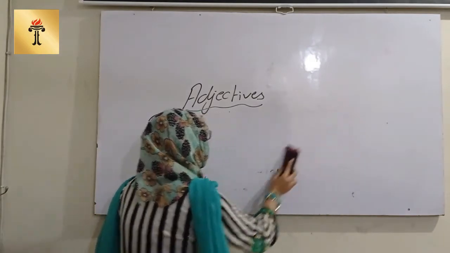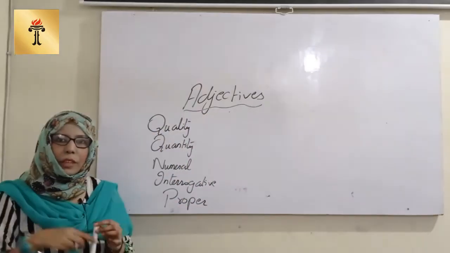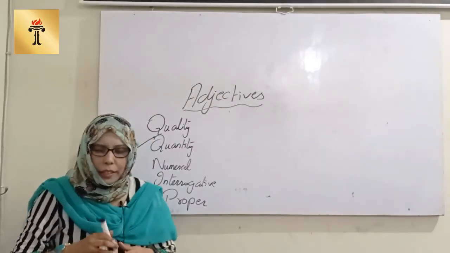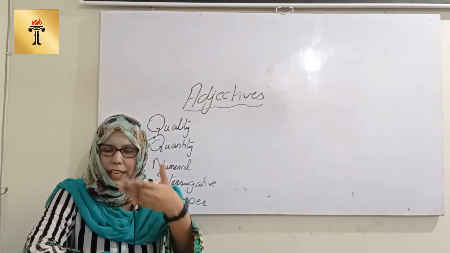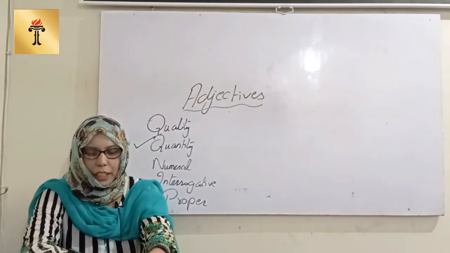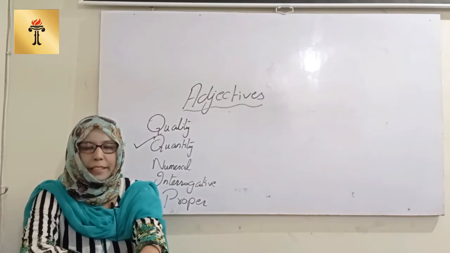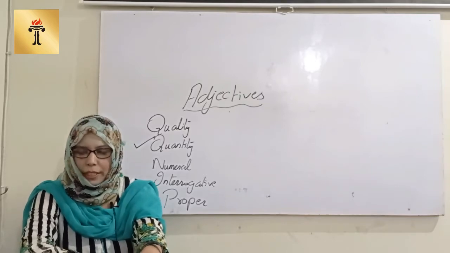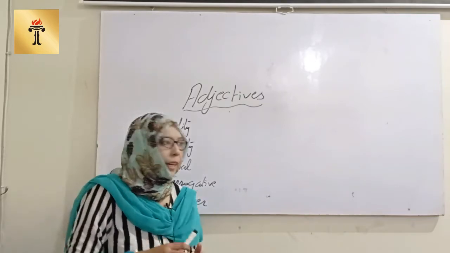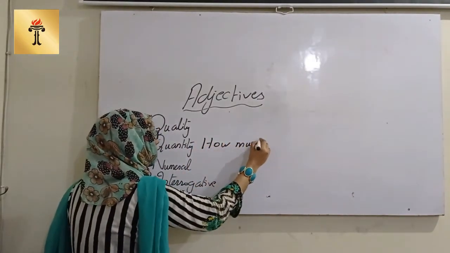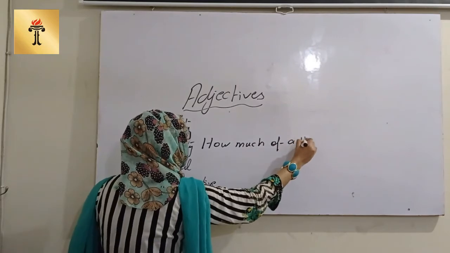So this was the use of qualitative adjectives. The adjectives of quantity: the word is very obvious. Quantity, miqdar. The definition I have brought for you is the quantity or the degree or the magnitude of a thing. Adjectives of quantity deal with how much of a thing.